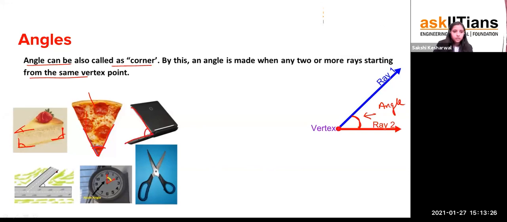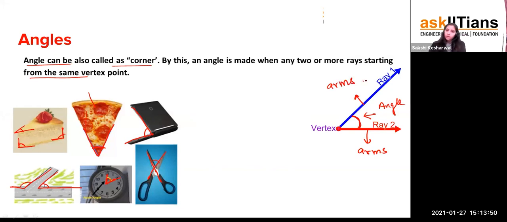The intersecting roads are angles. If you see a clock also, this is an angle. The scissors, this is an angle. So basically, ray 1 and ray 2 are said to be what, beta? Arms. These are the arms of an angle, right? We say these are the arms.